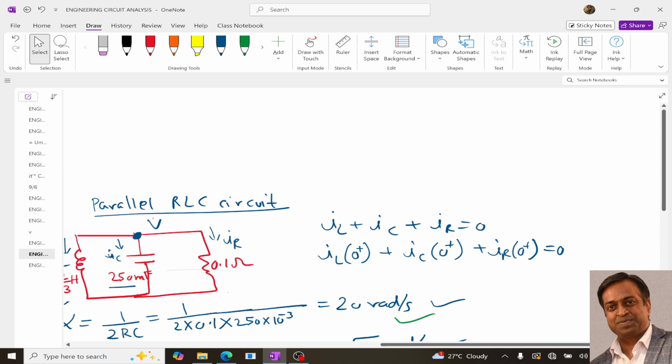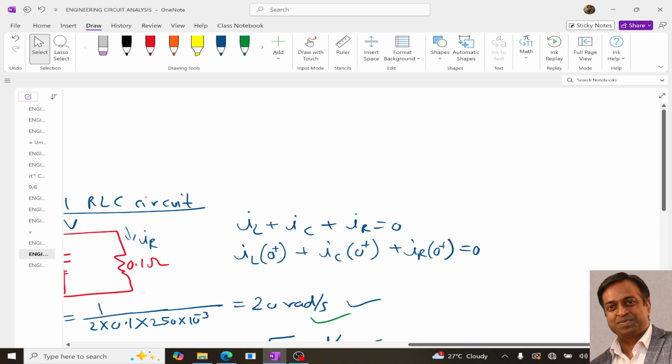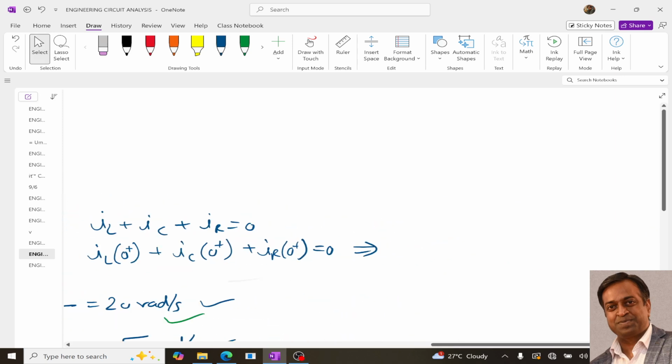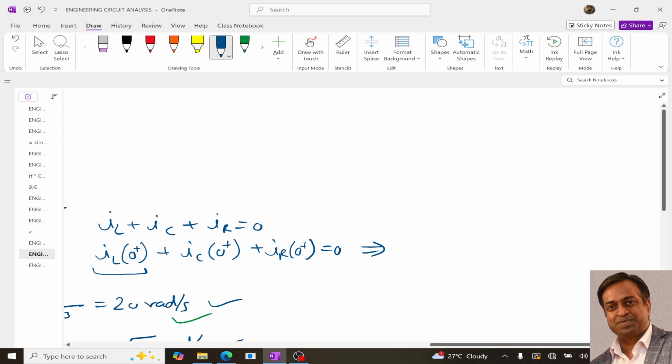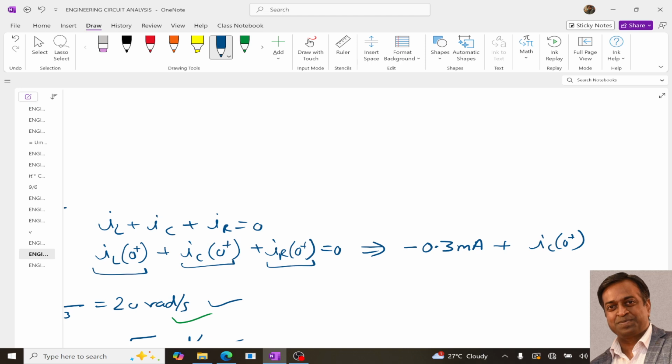So zero plus, for this it is IL 0 plus, it is minus 0.3 milliampere, right? Plus IC 0 plus, this I do not know. And what about IR 0 plus?